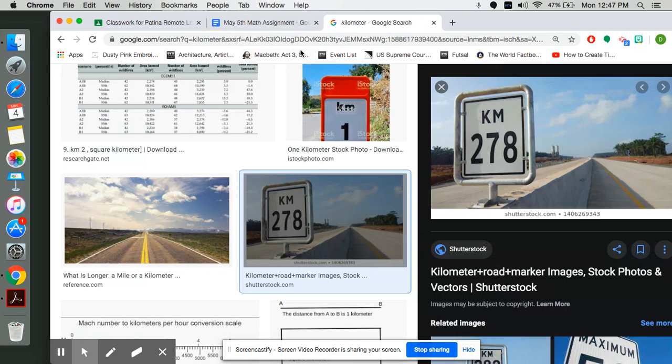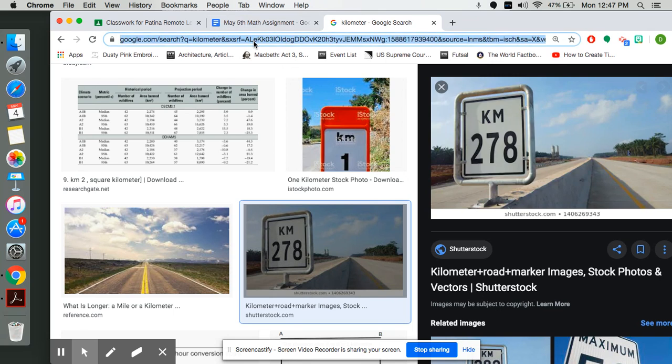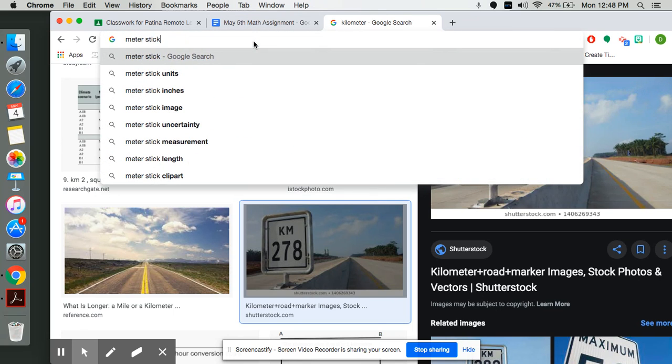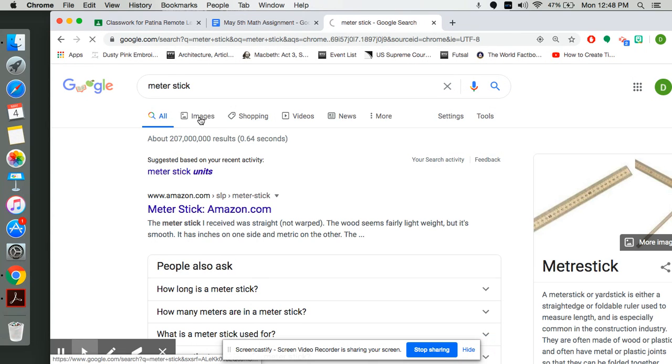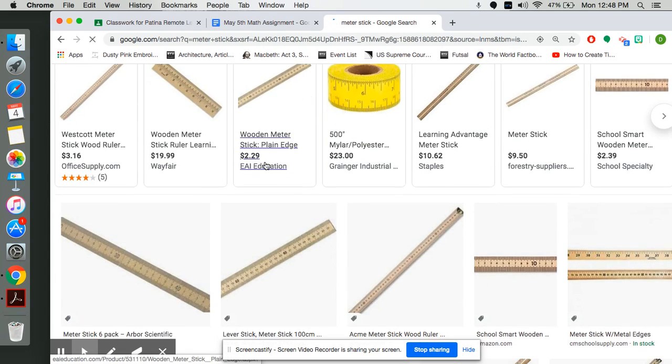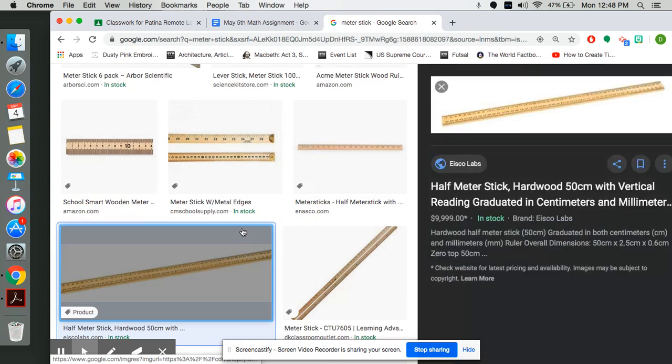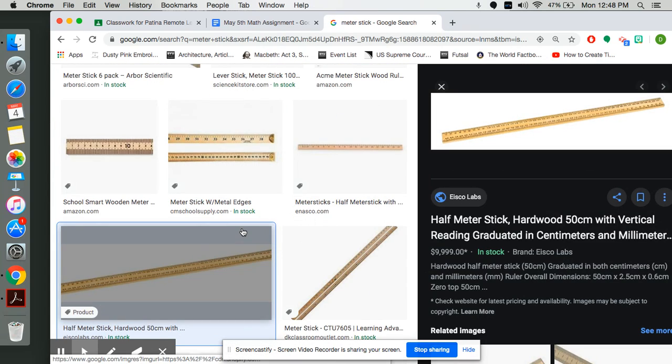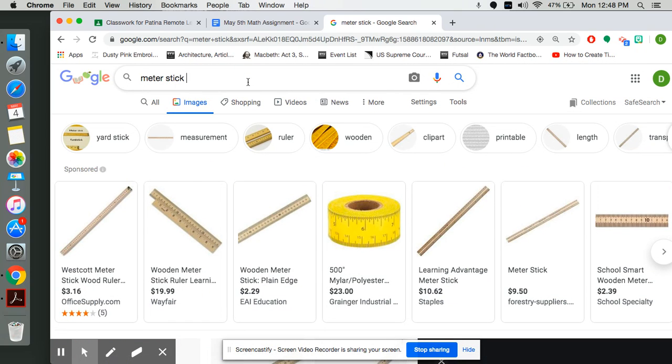let's look at this. I'm going to pull up a meter stick in Google Images. So this is a meter stick. It's a big, long yardstick, and you guys can't really see how big it is. It's probably about 2 or 3 feet long. This is a millimeter.